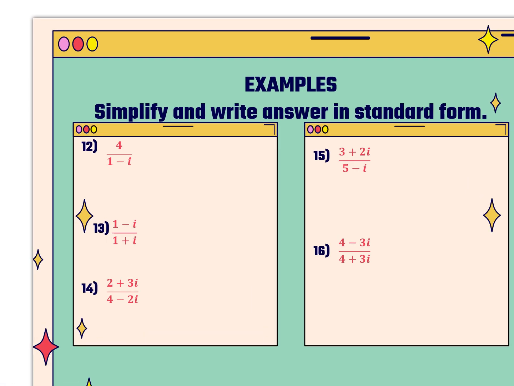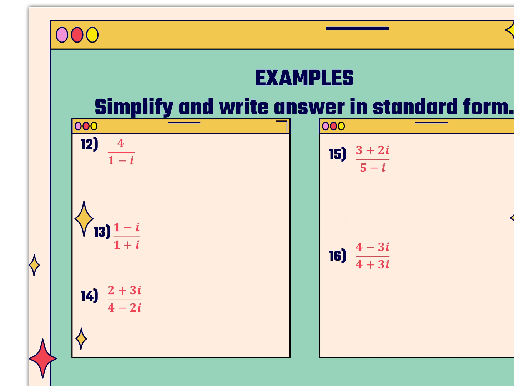So I start out here and I see that I have this complex number in the denominator. I can't have that, so I'm going to multiply by its conjugate. So instead of 1 minus i, I'm going to multiply by 1 plus i. My numerator is going to be 4 times 1 plus i, and my denominator is going to be 1 squared minus -1.